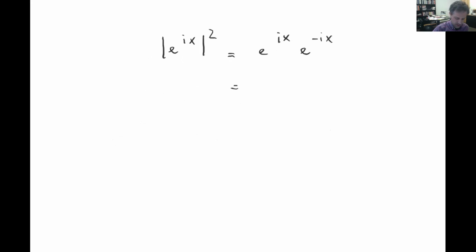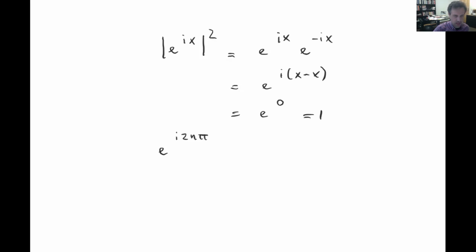And I can rewrite this as e to the power ix minus ix, so basically that equals e to the power 0, and that equals 1. So the modulus square of a complex exponent, no matter what x is, is 1. Very interesting property.